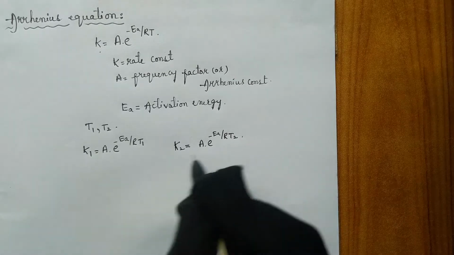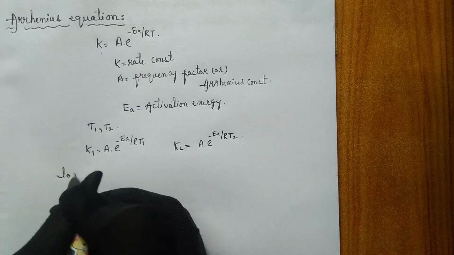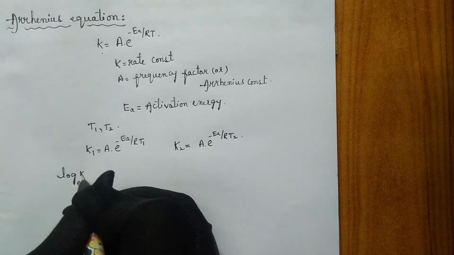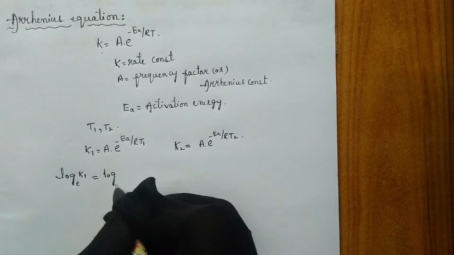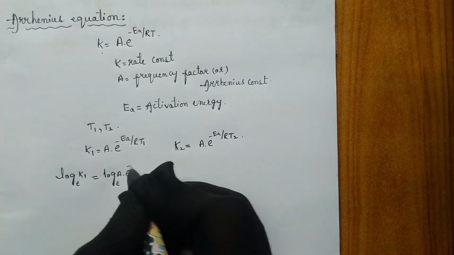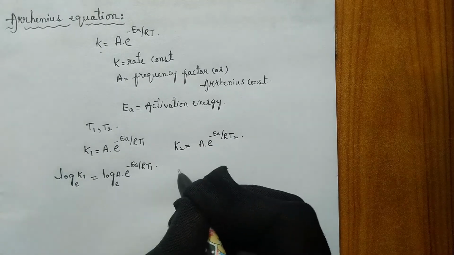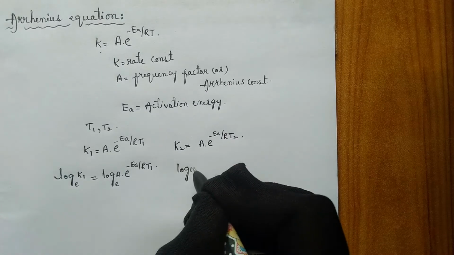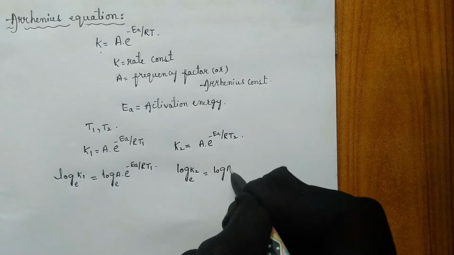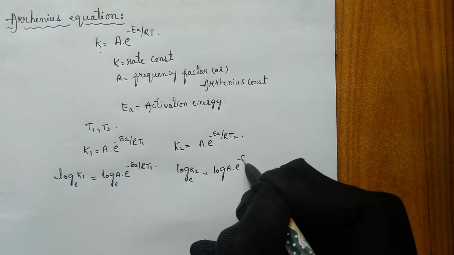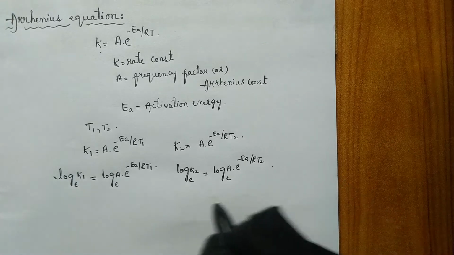Now apply log on both sides to both the equations. So log to the base e of K1, this is the natural log, is equal to log of A into e power minus Ea by R T1. Now apply log to this equation also: log K2 to the base e is equal to log of A into e power minus Ea by R T2.